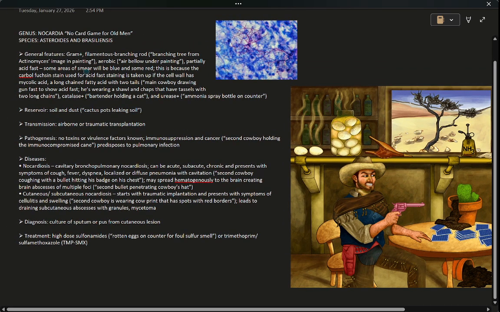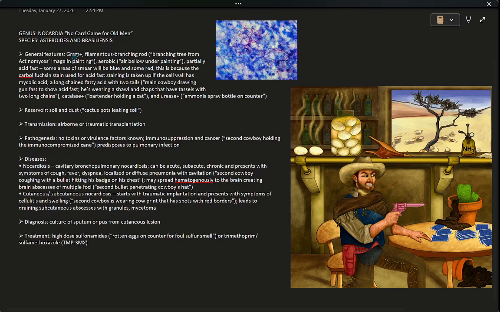So again, remember that the important features are that this bacteria is gram-positive, a filamentous branching rod, aerobic, and partially acid-fast, so some areas of the smear will be blue and some red. It is catalase positive and urease positive.